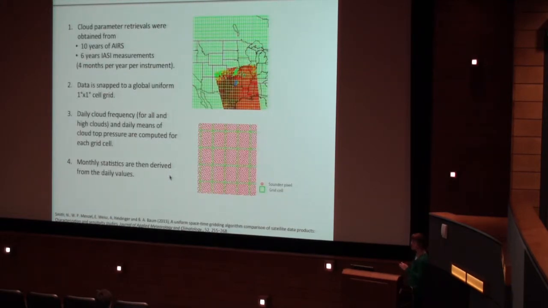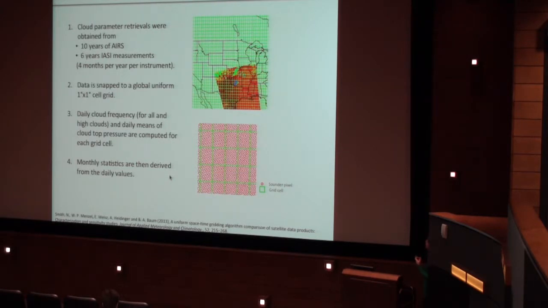So up to now, I showed you results which were derived from live broadcast or real-time data. With that, I hope I demonstrated that our retrieval system is capable of giving you a fast, accurate picture of the atmosphere. But since the retrieval system is very efficient, we can also do global and long-term analysis.